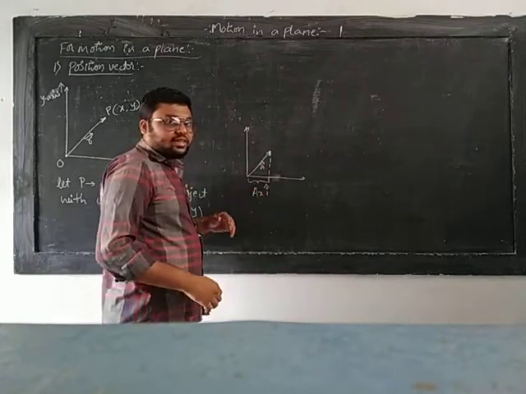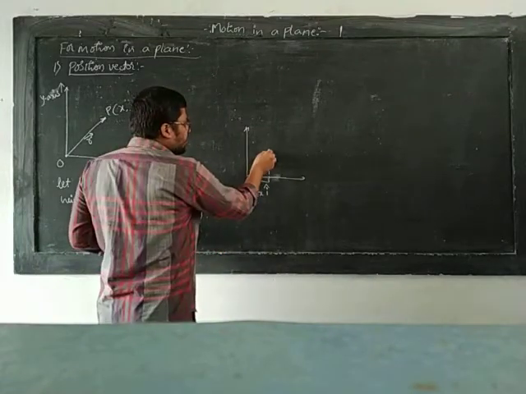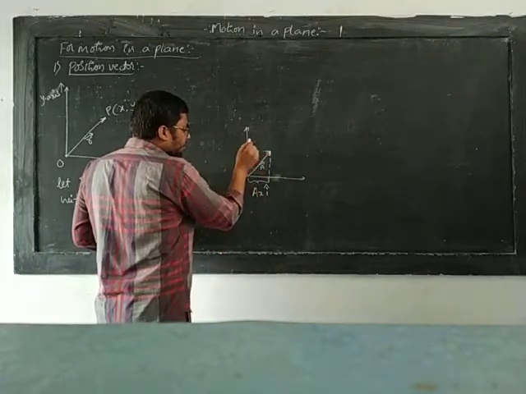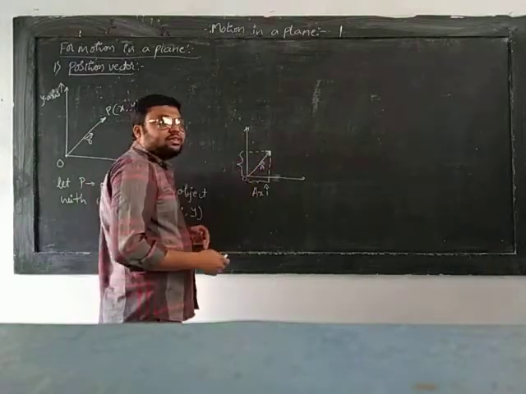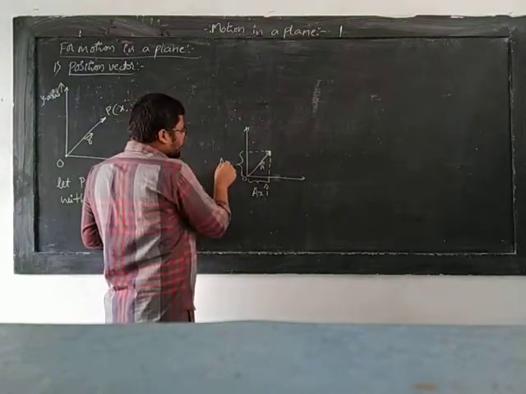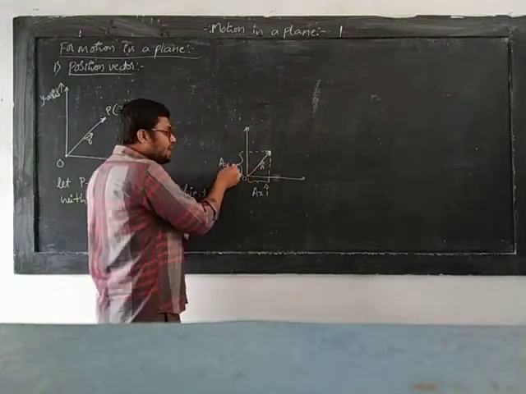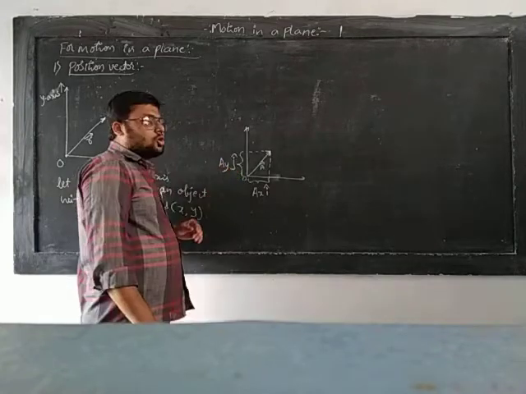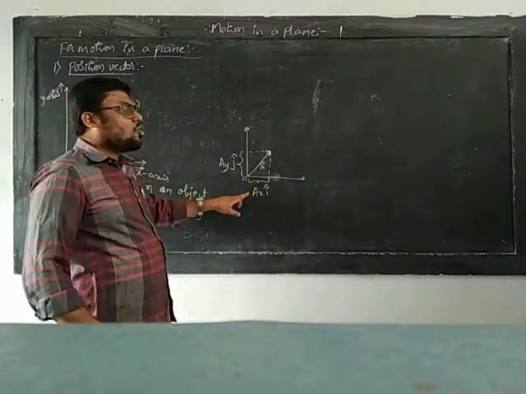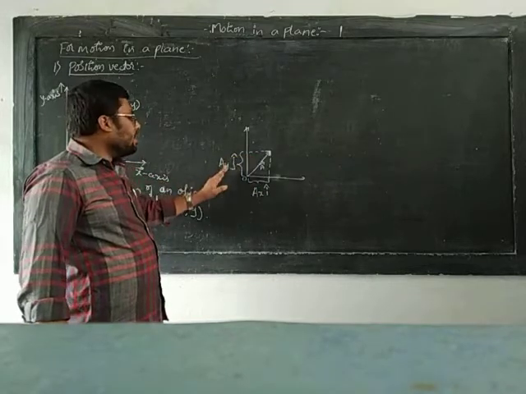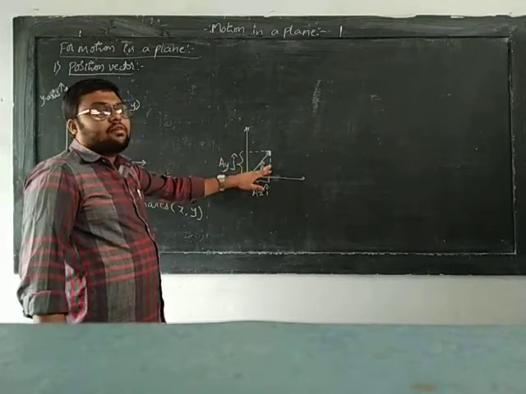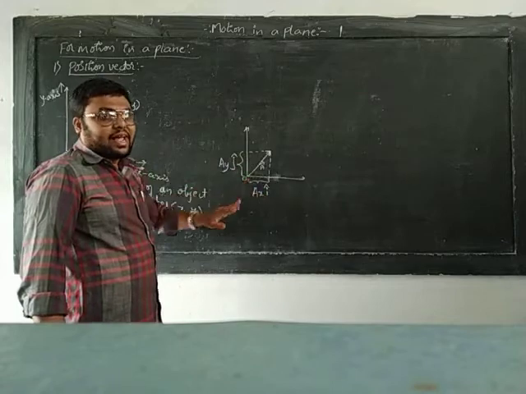I think you have remembered, okay? And this one is the y component of the vector A. So that we have considered as ay j cap. So here ax is nothing but the x component of A, and ay is nothing but the y component of vector A.